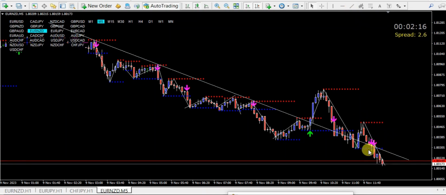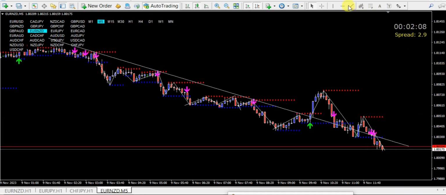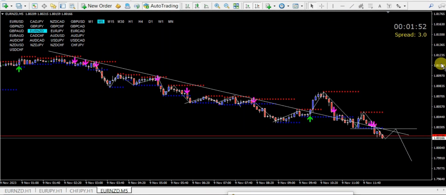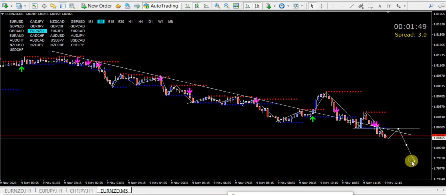So it broke this level and continued, then retraced a little bit and then continued moving. So very soon now the market may retrace back to this level before continuing the journey downward. But we will see how far it will go before the retracement occurs.